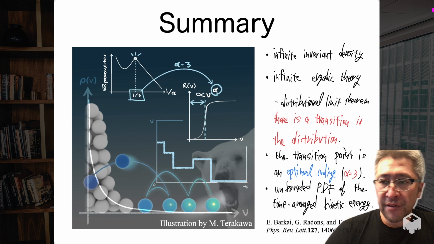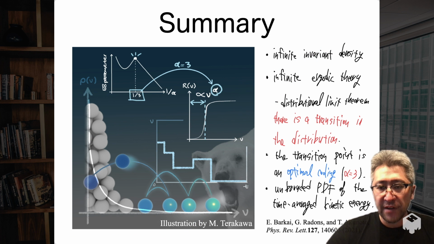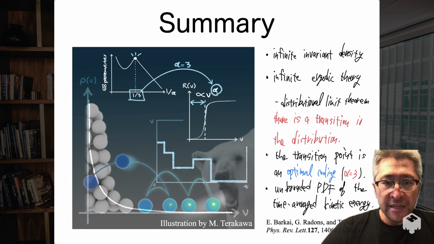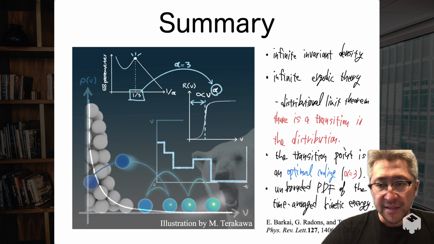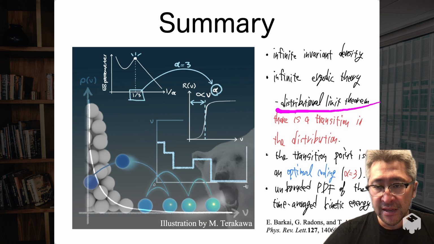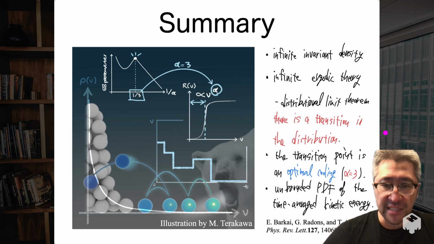Here we consider the laser cooling process, and we found an infinite invariant density, which is a non-normalized invariant density. So we applied infinite ergodic theory, and calculated the distribution of the time averaged kinetic energy. We found a distributional limit theorem, and there is a transition in the distribution.